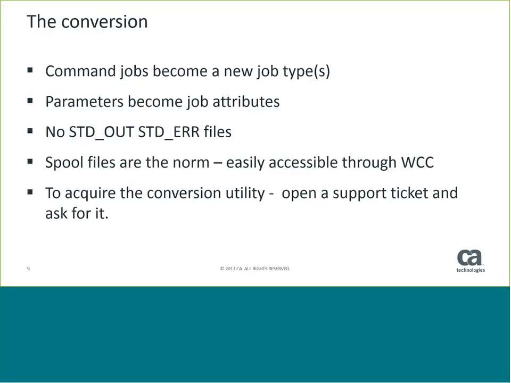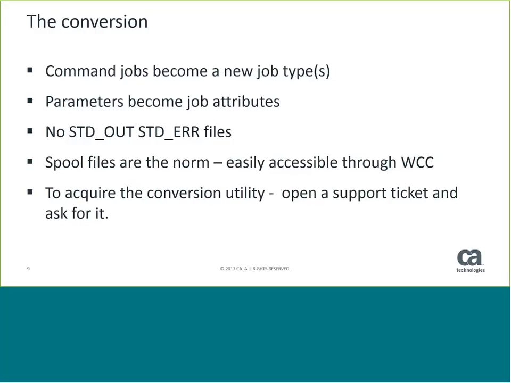They're now a job type of PS job, SAP job, SAP copy job, process chain. They all become a new job type. So those parameters that you had on your command line actually translate to JIL attributes within your job definition. So now you'll see attributes like RSC connection, client number, which are particular to SAP.